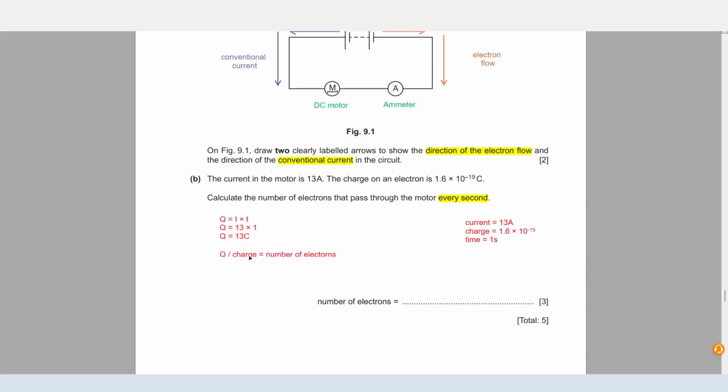So 13 divided by 1.6 into 10 raised to the power minus 19 will give us numbers of electrons. We can do that here and we get our answer as 8.12 into 10 raised to the power minus 19, which we can round off and write it as 8.1 into 10 raised to the power minus 19. And we're done with this part of the question.